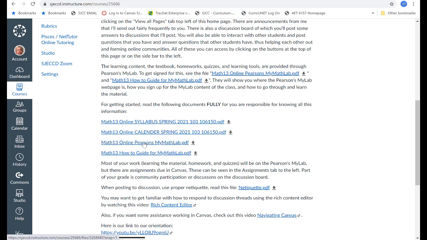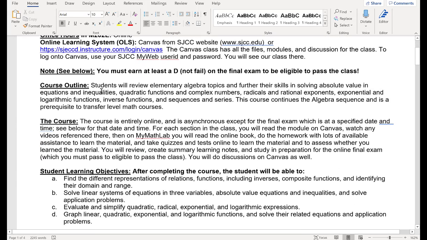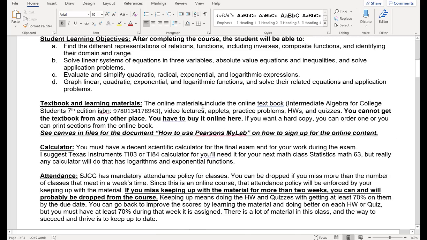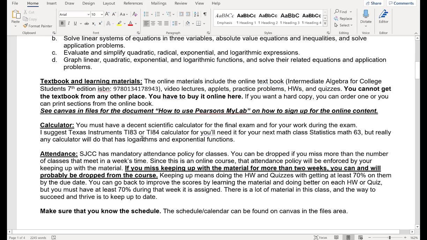Let's go into the syllabus. Click on this. This is how to get a hold of me, my email. The course outline, we will cover a whole bunch of things in algebra. You may read the learning objectives. Textbook for the class, we'll go over that. Calculator, any scientific calculator is good.